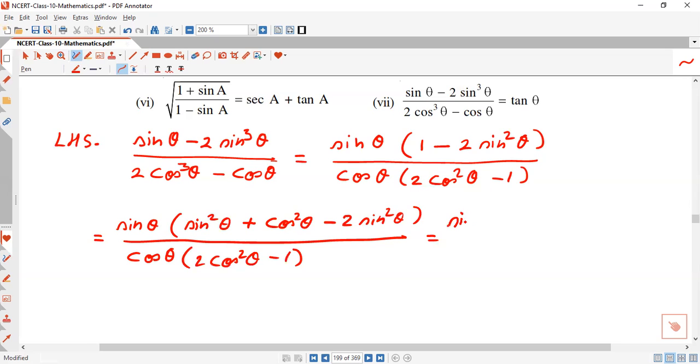So this comes out sin theta upon cos theta, and in the numerator we have cos square theta minus sin square theta.